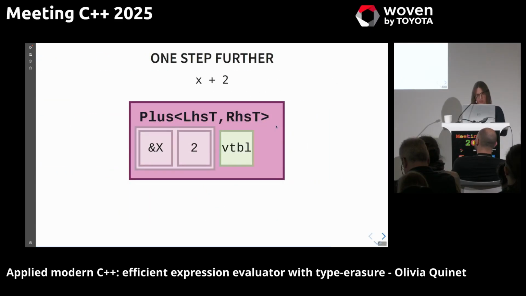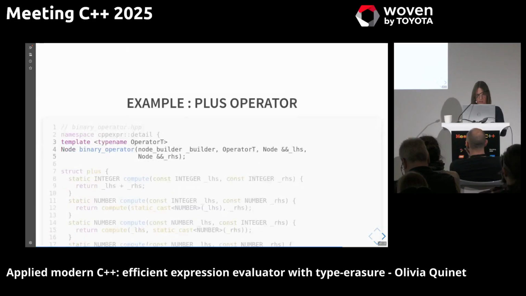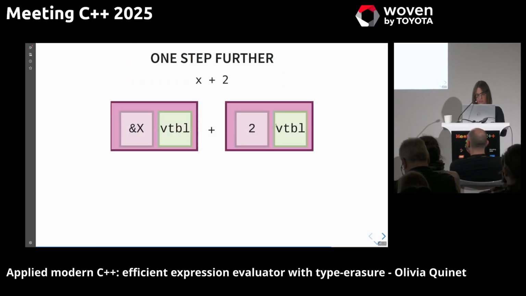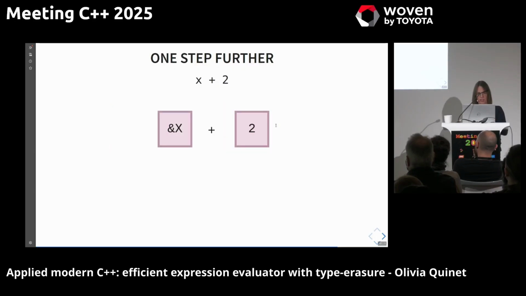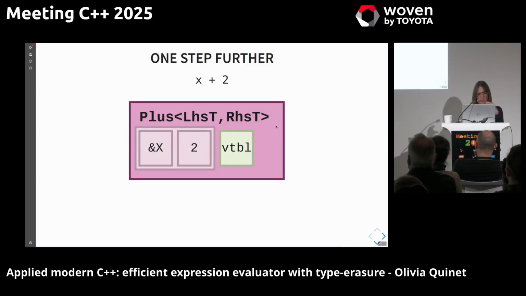Okay, and in fact, we can go one step further. For example, we have the operation x plus 2. If we take the previous step, we have x pointing directly in the pimple and 2 directly in the pimple. It would be nice, for example, if we take those two and put them directly in the pimple for the plus operator.